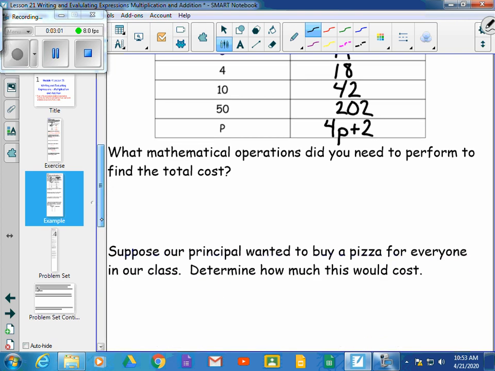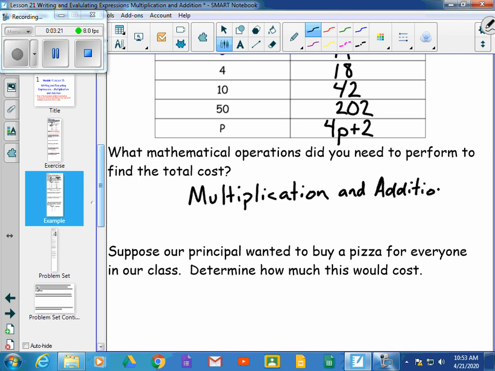If we move on to the next question, it says, what mathematical operations did you need to perform to find the final cost? Well, we used multiplication because we multiplied 4 times the number of pizzas, and then we used addition. We added $2 at the end.